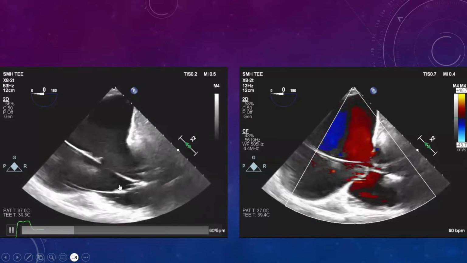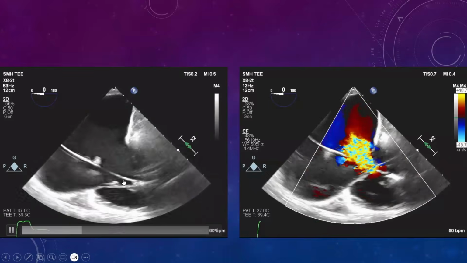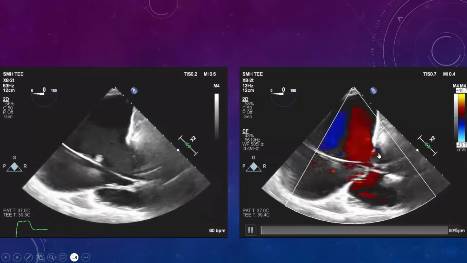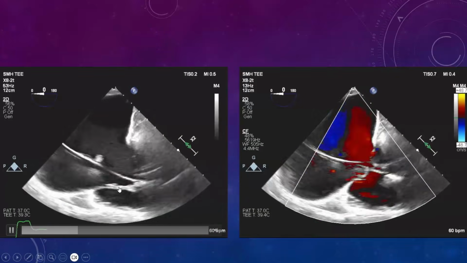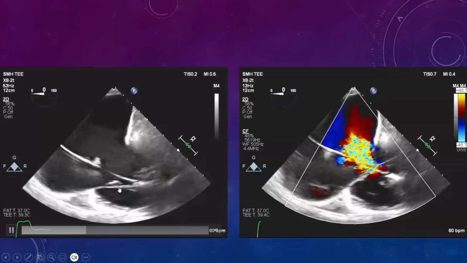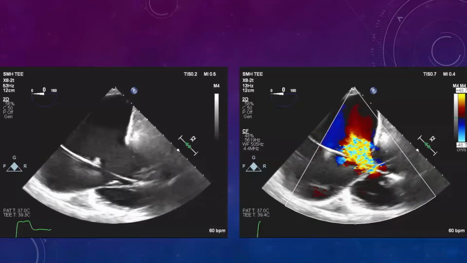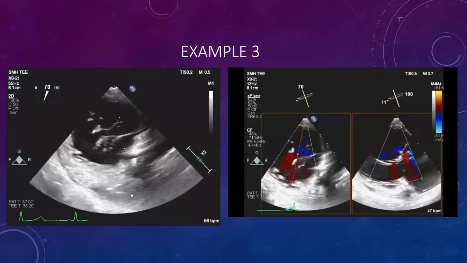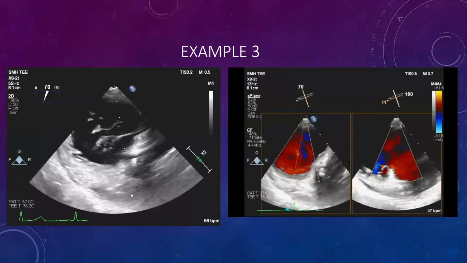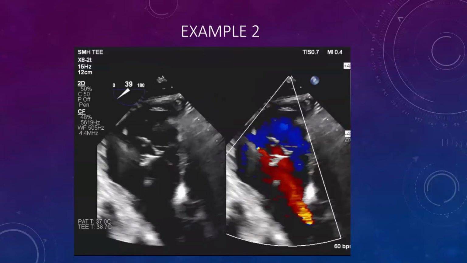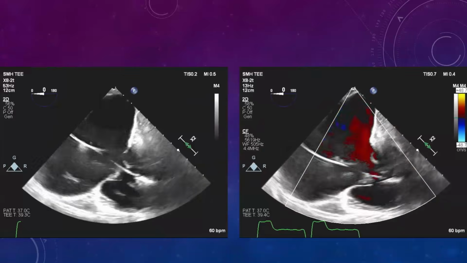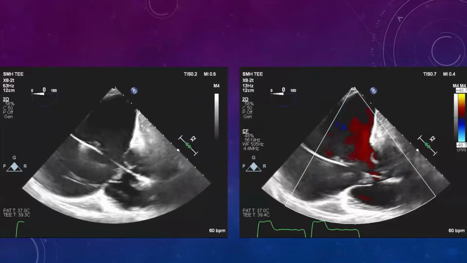Also, you can see that you do have some leaflet interaction with the pacemaker lead, and you're getting quite a bit of color coming from that. And then there's also quite a bit of atrial dilatation, so you are getting some part of the leaflets as well. So this is a bit more of a mixed etiology. There's something that's probably a bit tethered as well, but the body does feel a little more into the right atrium, because the jet's directed towards the septum.